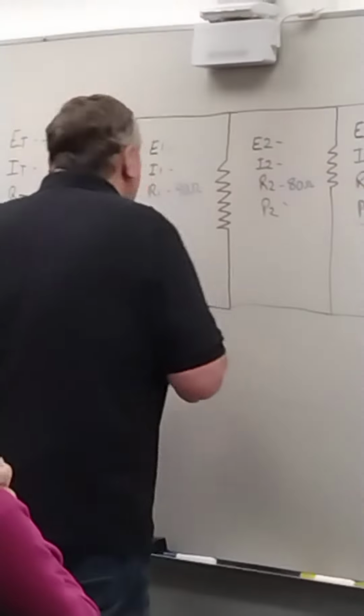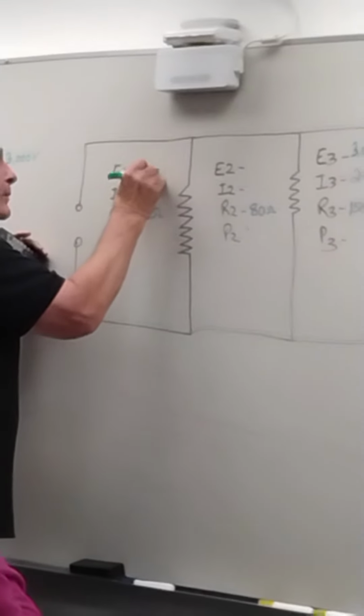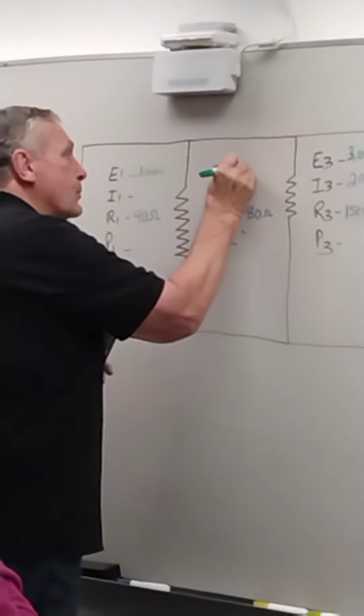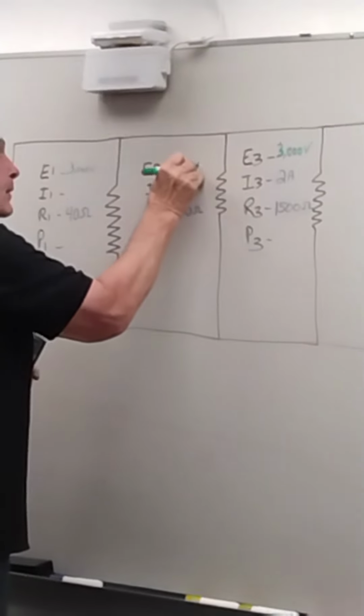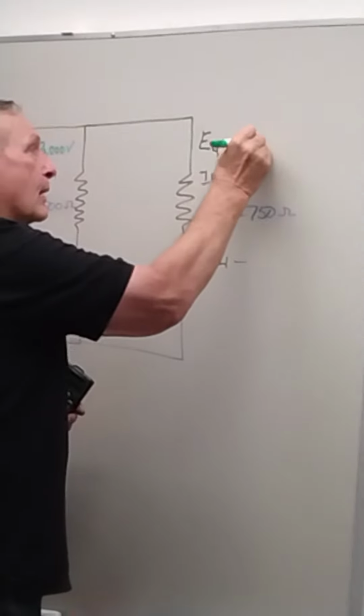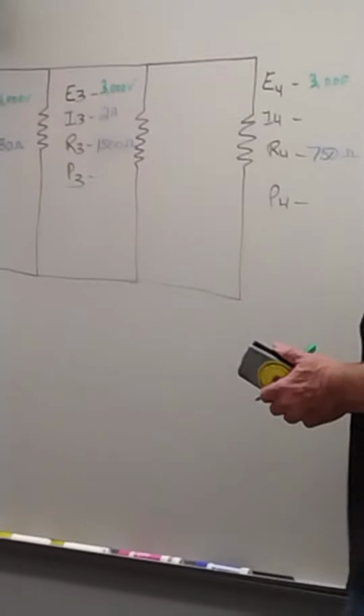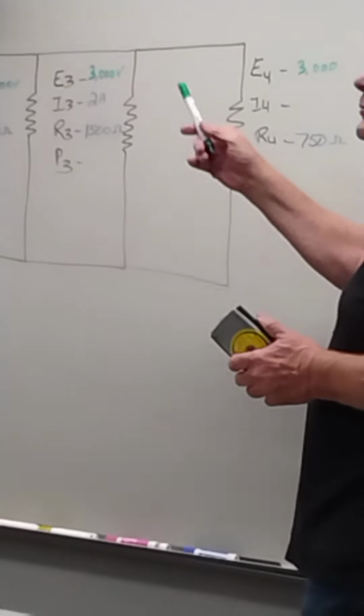Well, what would that be? Well, if I know that this is 3,000 volts, and this is 3,000, and this is 3,000, right? So what I have now, I can figure the current in each branch.